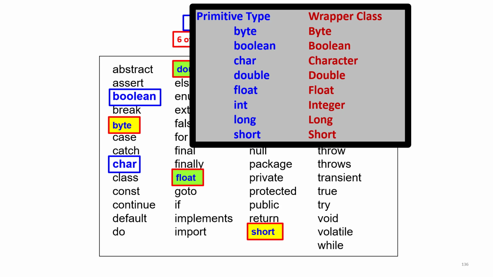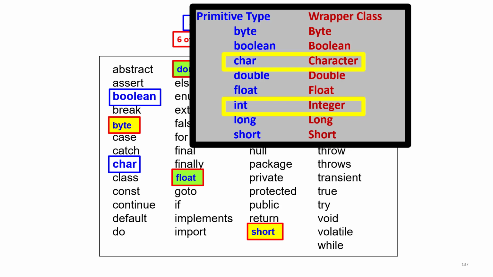Note that the leftmost character of all 8 wrapper classes is capitalized, while the associated primitive data types begin with lowercase. All the names are identical except for the primitive type int, whose associated wrapper class is spelled out as Integer with a capital I, and primitive type char, which is spelled out as Character with a capital C.